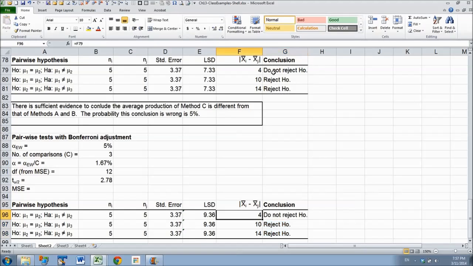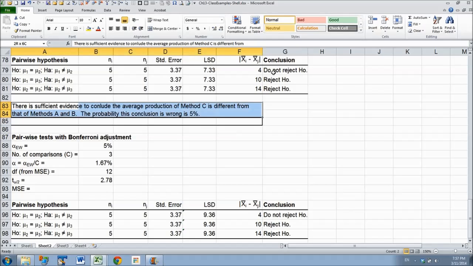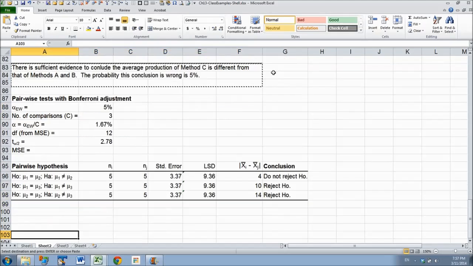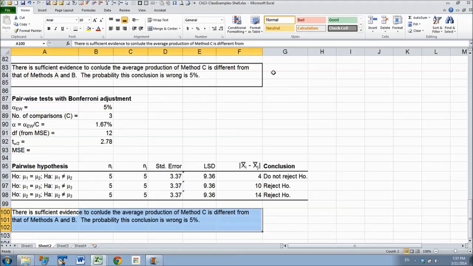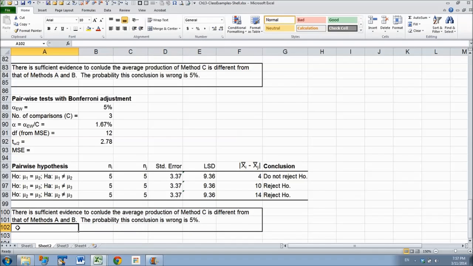So the conclusion is the same as before. In this case, it turned out that the Bonferroni adjustment also gave us the same answer, but that need not be so. So if you want overall 5%, not individual 5%, then you have to make this Bonferroni adjustment.